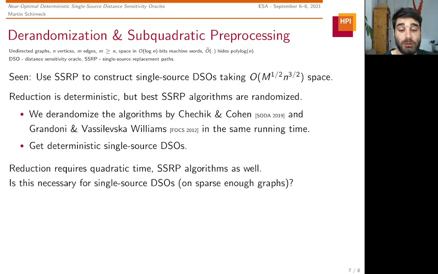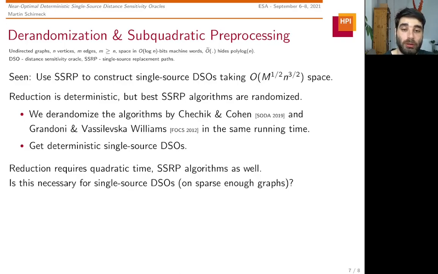Also, our reduction takes quadratic time, so it essentially touches every relevant replacement distance once. And also, all SSRP algorithms need this time just to output all relevant distances. But if you would build a single-source DSO from scratch, from the graph without the SSRP intermediate, it might be that you can do faster than quadratic.